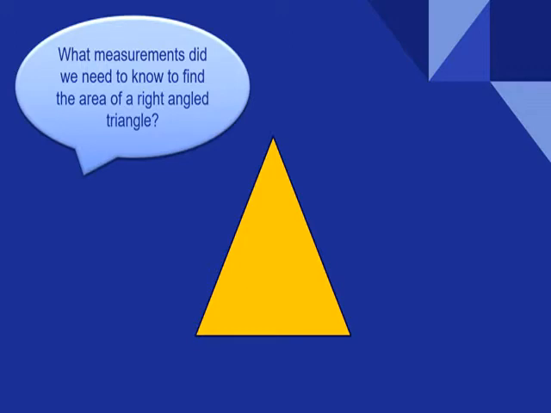So what measurements did we need to know to find out the area of a right-angled triangle? So when you did your formulas yesterday, some of you will have written the length times the width. Some of you might have called it something different. Using the language of the rectangle, you would have said length times width. When you use the area of the triangle, we actually call the bottom part of the triangle the base.